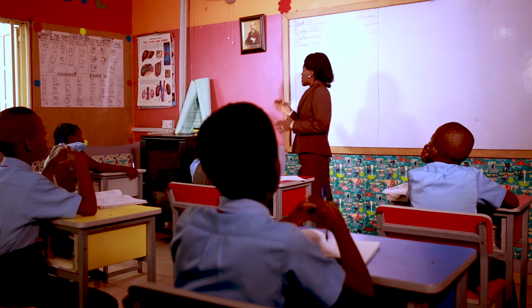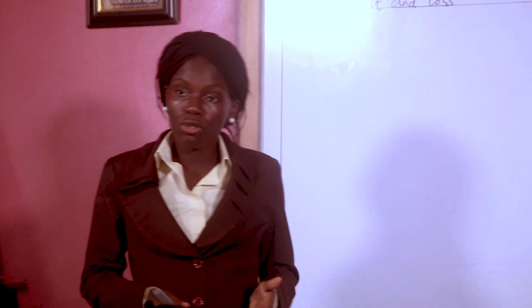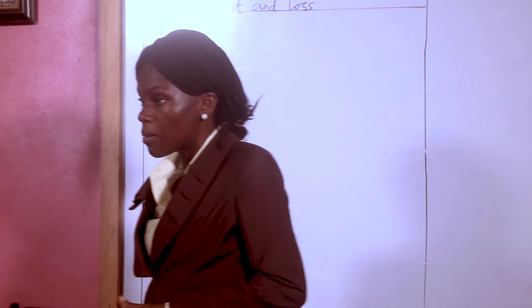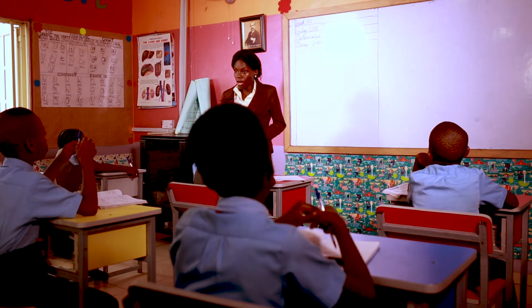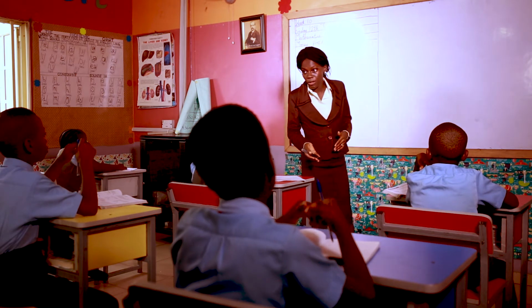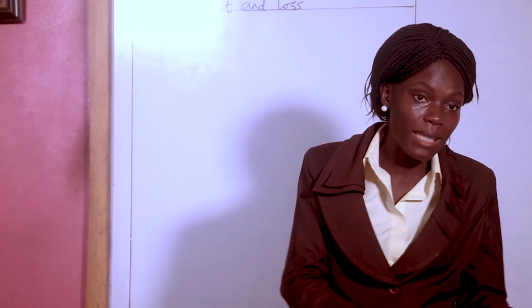Alright, so with that, we can now look at what profit and loss is. Now, for my shoe that I sold for 1,500 naira, have I gained more money or have I lost money? I lost money, so that's a loss for me. So I'm going to calculate my loss by saying my cost price minus my selling price.